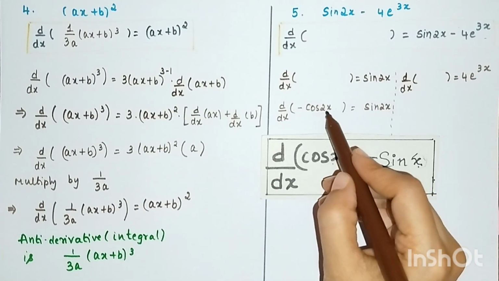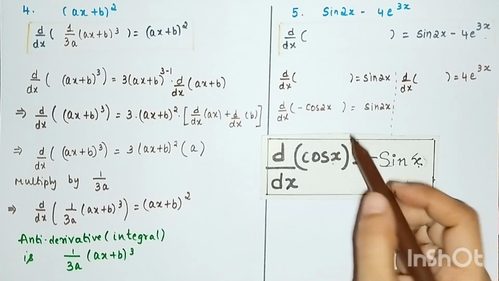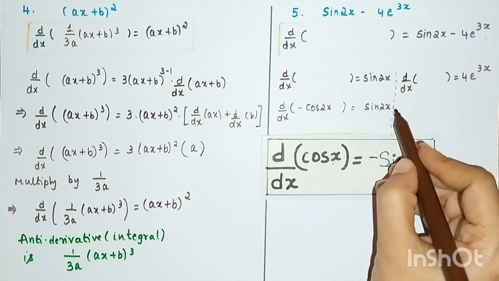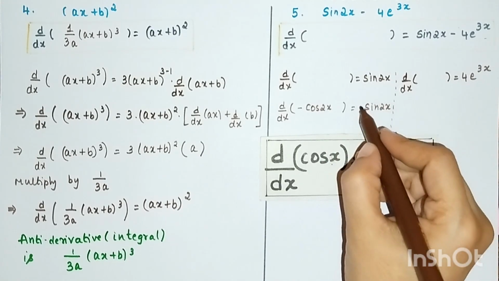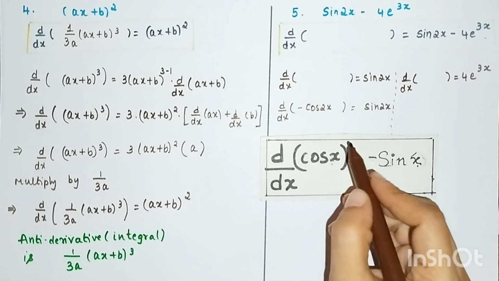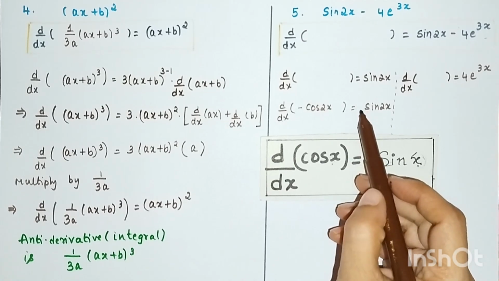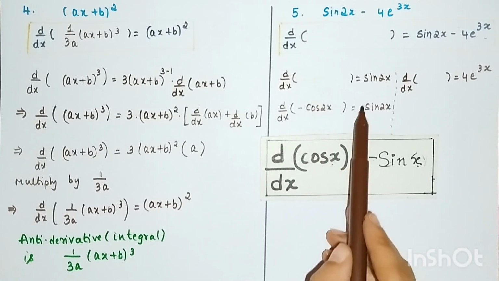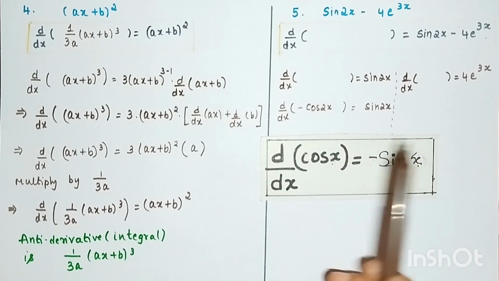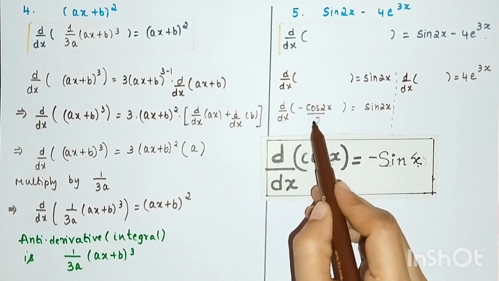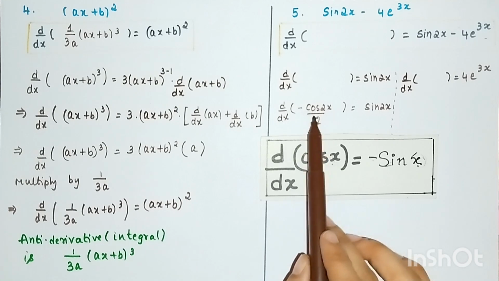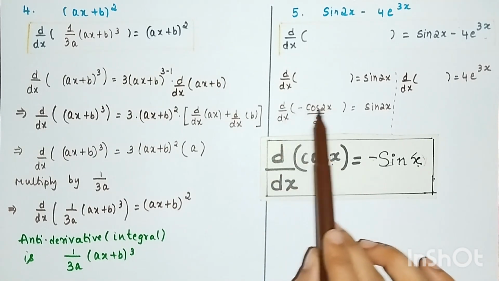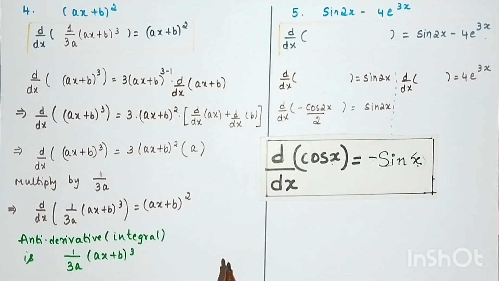Now we will differentiate this 2x, so you will get into 2: 2 sin 2x. Finally we'll divide by this 2 also, because we want to delete it. When you delete it, the 2 goes to the bottom. So minus cos 2x by 2. The derivative of minus cos 2x by 2 is sin 2x.